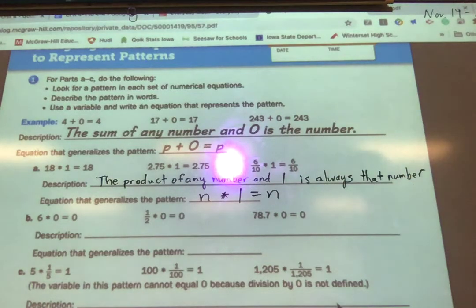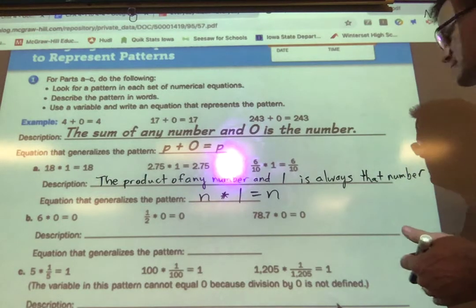Guys, there are all kinds of different patterns, and you will have to start writing equations for those, and we'll get a little more complex than these as we get going here. So that's the first part of what we're supposed to be doing today in our I can, and the next part is to try to determine the number of solutions that certain equations have. So I'm going to erase this and scroll down here, so we'll pause the video if you need to.